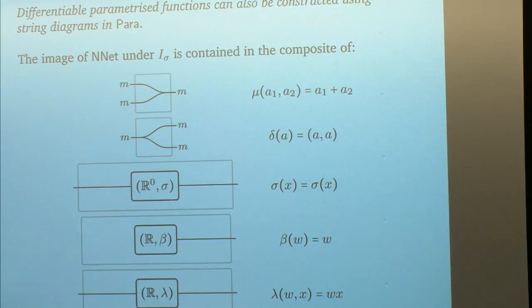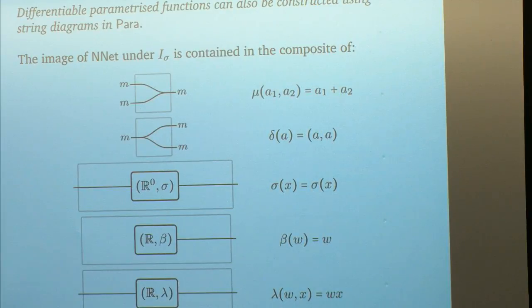So there's a nice prop inclusion, as nice as you like there. But then linear maps are differentiable. So the prop of finite dimensional vector spaces and linear maps between them sits inside here. So we have FinVect sitting inside Para.